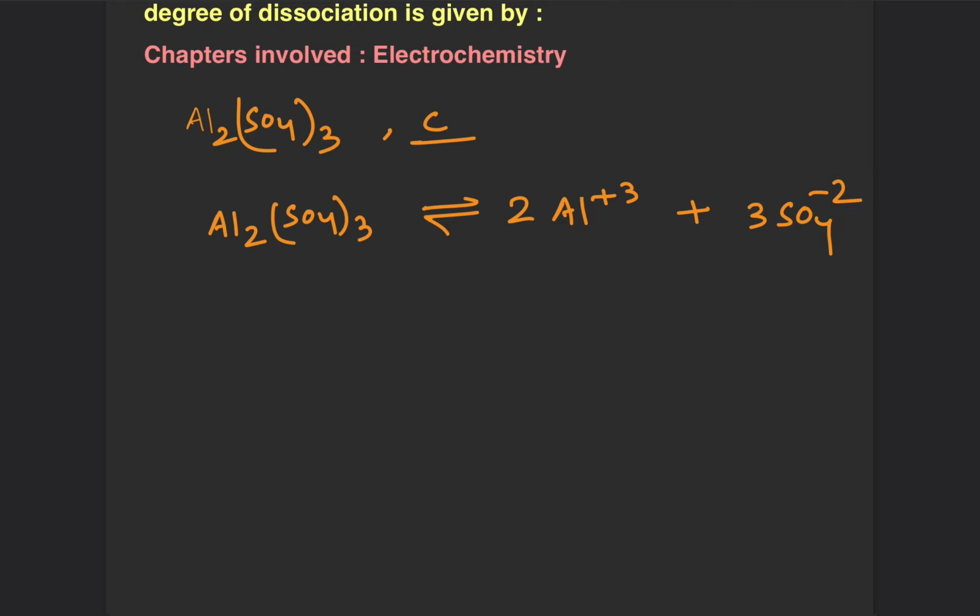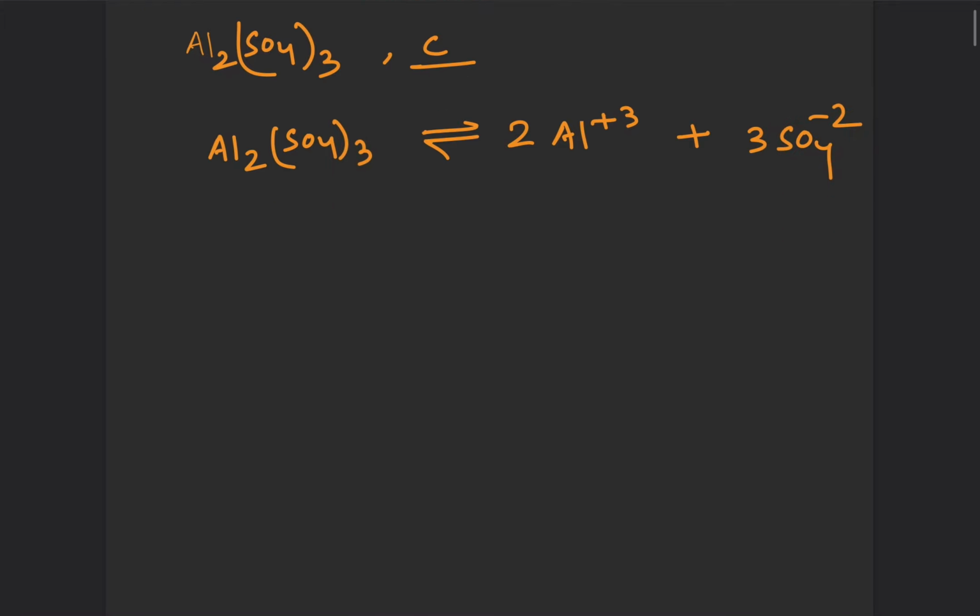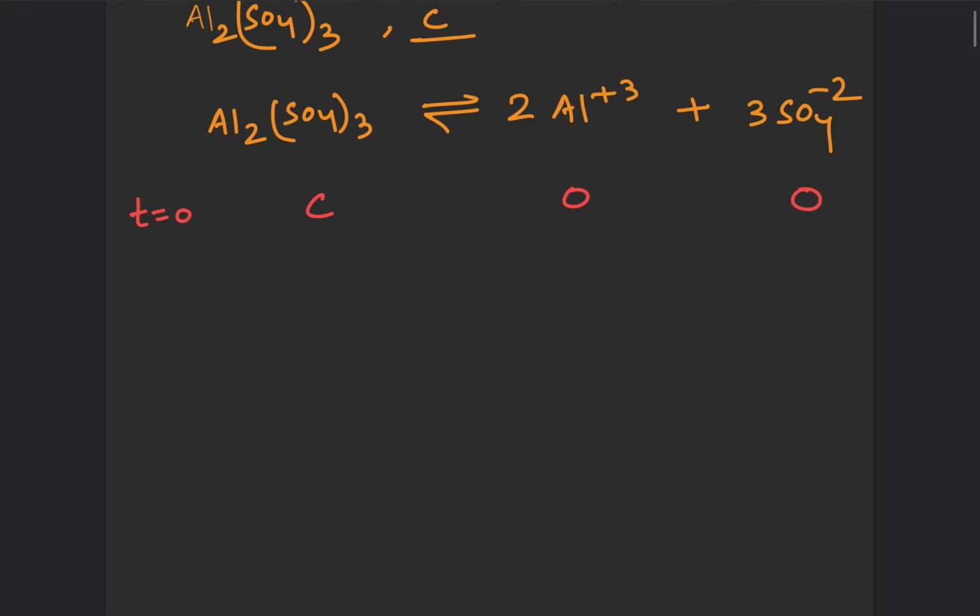One thing to observe is the charge on aluminum is +3, the charge on SO4 is -2, and also the number of aluminum ions is 2 and the number of sulfate ions is 3. Okay, important observation. And obviously at time t equal to 0, the concentration of aluminum sulfate is C and these guys are 0. Let's say that the degree of dissociation is alpha.